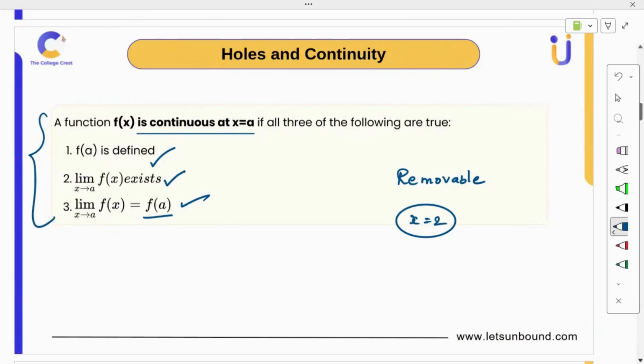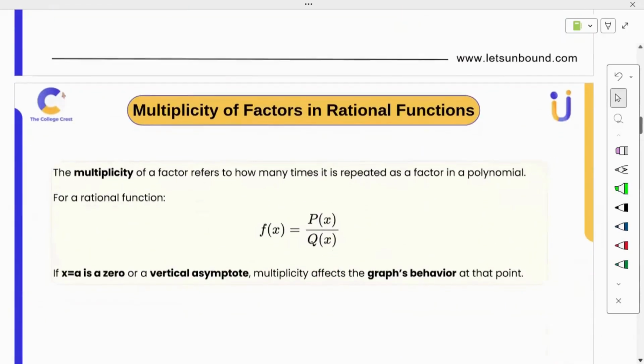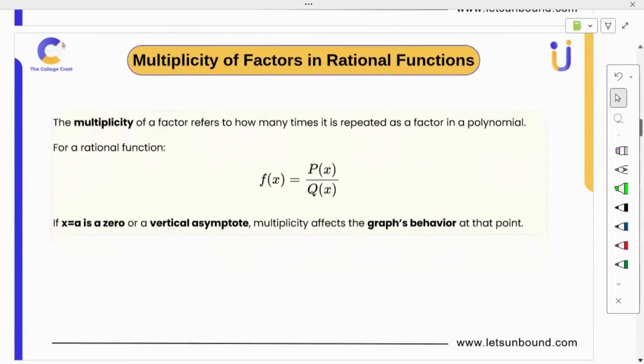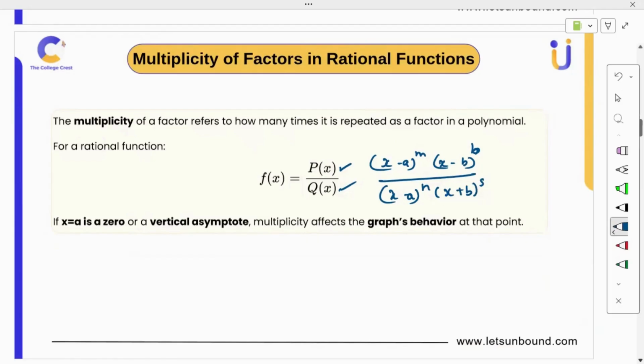That is a removable discontinuity. Now, multiplicity of factors in rational functions plays an important role. A quick recall, what is the multiplicity of a factor? Our rational function is made up of a numerator polynomial and a denominator polynomial, and it can be factorized. So it might have (x minus a) to the power m, (x minus b) to the power n, and again (x minus a) to the power n, (x plus b) to the power s, something like this.